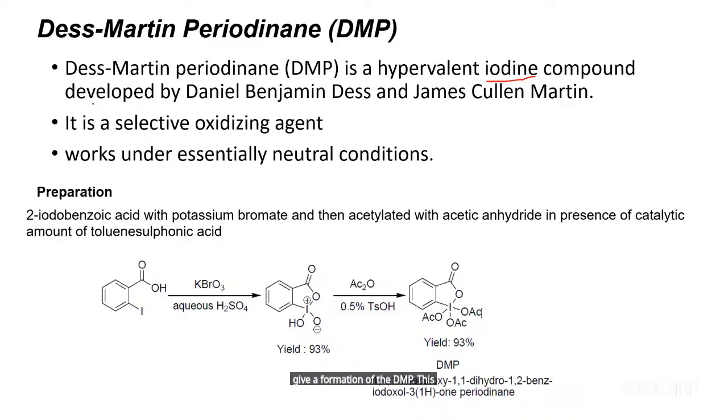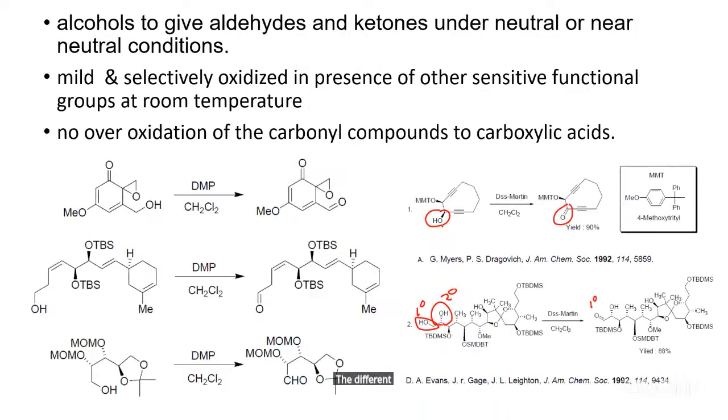This is a very selective oxidizing agent which gives oxidation under neutral conditions. We have oxidation of different alcohols to the respective aldehyde and ketone. But importantly, it is a selective oxidizing agent. This is a hypervalent iodine compound known as DMP. Looking at the different applications of DMP, we have neutral, or nearly neutral, conditions.